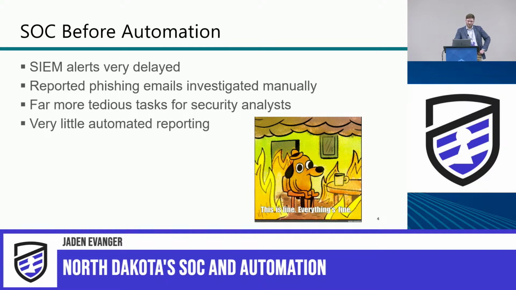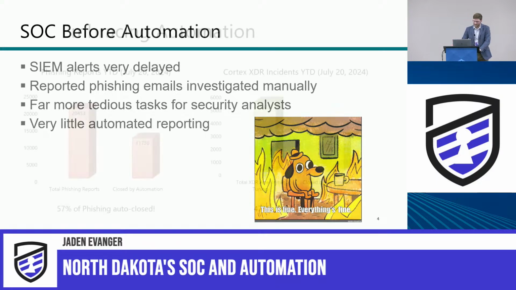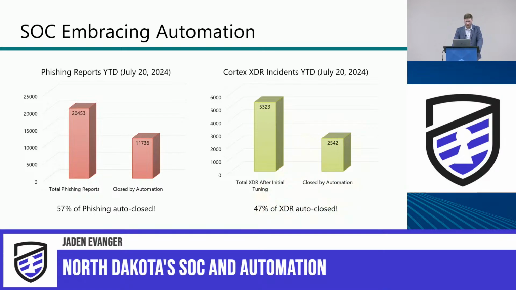So let's say the CISO wants to figure out some statistic like how are we doing as far as closing incidents, and how many are false positives, how many are true positives, all those kind of metrics. And we didn't have any kind of automated reporting for that. So manual reports were being built for that kind of stuff. Not so good. We want to be able to see that stuff in real time or near real time.